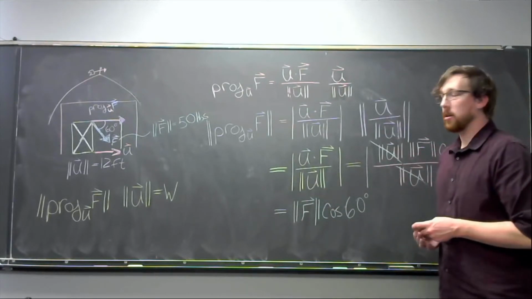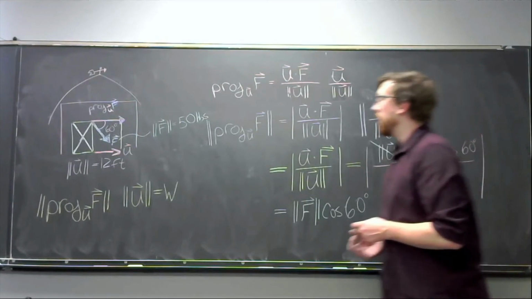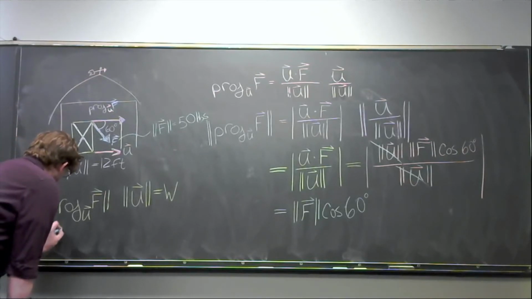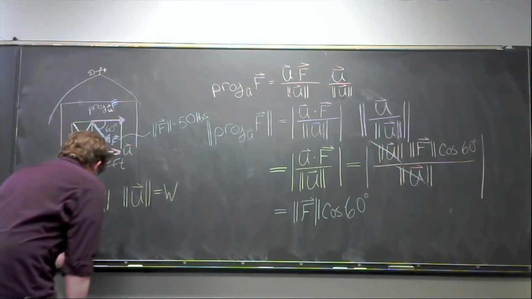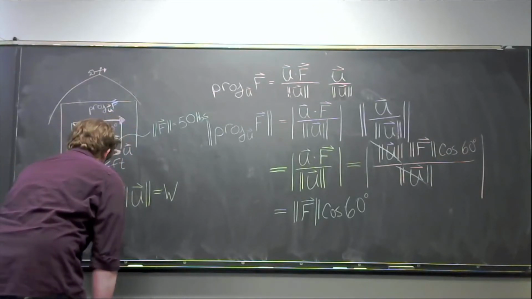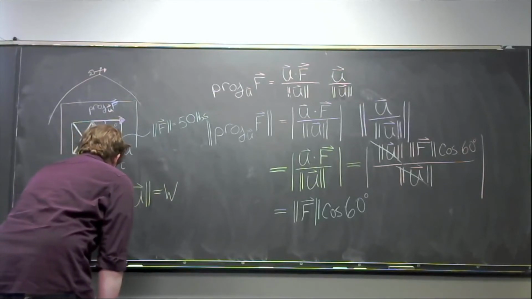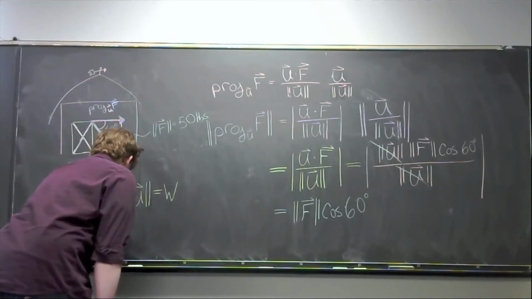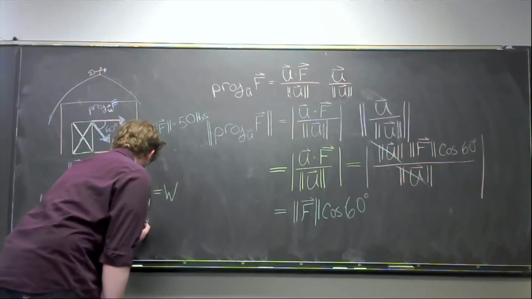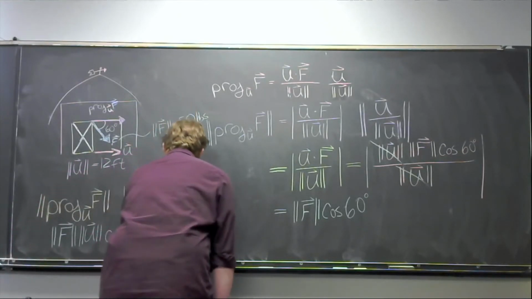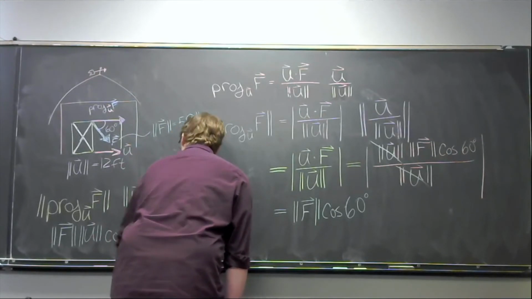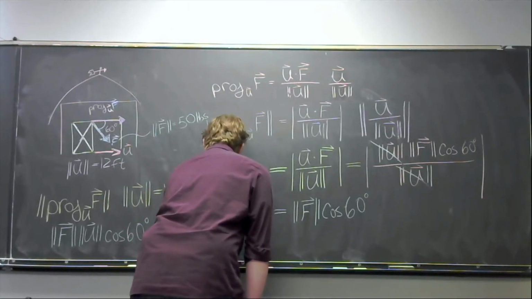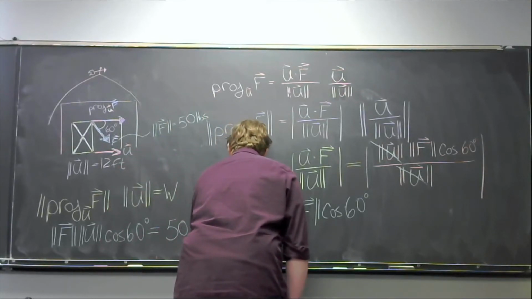So what we end up with is going to be the magnitude of the force times the magnitude of u times the cosine of 60 degrees, which is equal to 50 times 12 times 1/2, which is equal to 300.